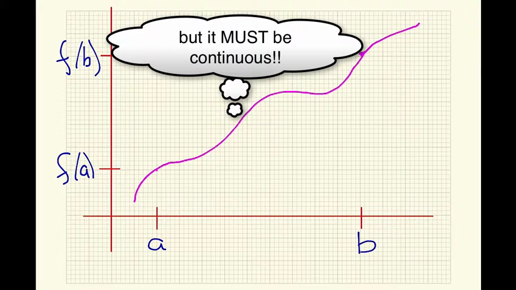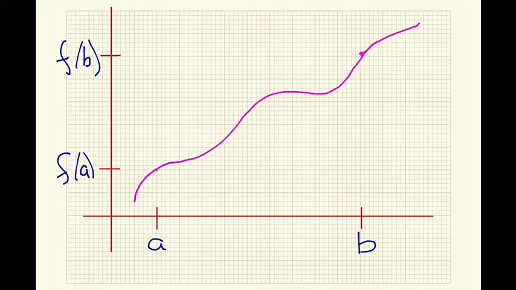Now what the intermediate value theorem is saying is that if we have a point somewhere between f of A and f of B, let's say we have a point right here, we're going to call that D. If this point D is between our two y values, f of A and f of B, then there must be some point C that's between point A and point B. You can think about it this way: you start with point D, and we're working our way over to the function.